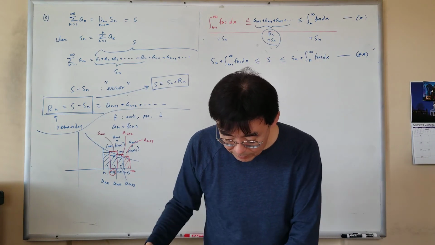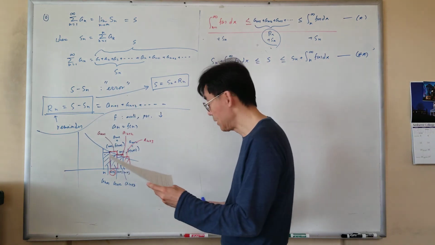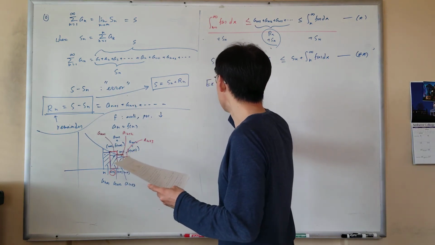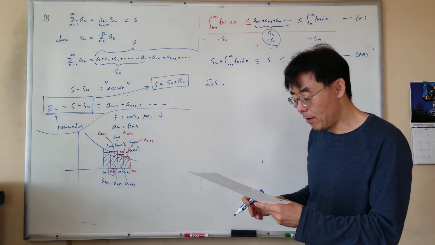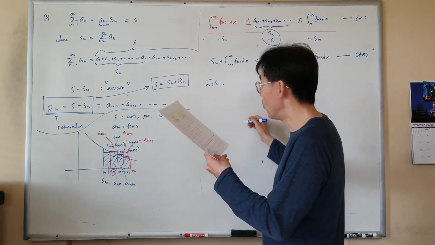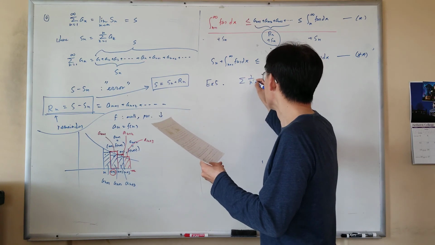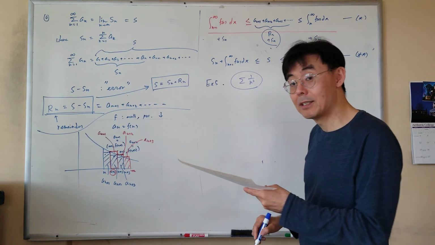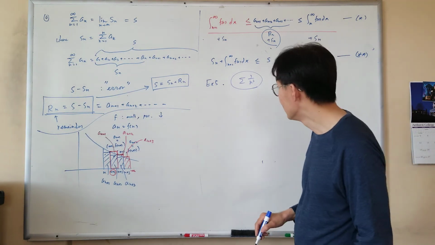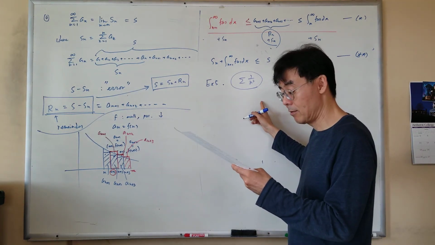And then the final example, no, second to final. Example 5. I'm not going to write everything, it's too many words. Estimate the error involved when approximating the sum of 1 over n cubed by using the first 10 terms. Okay? So that's A, right?